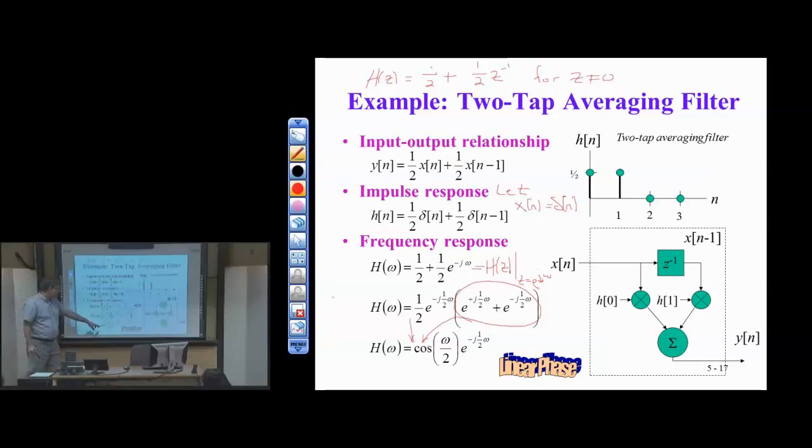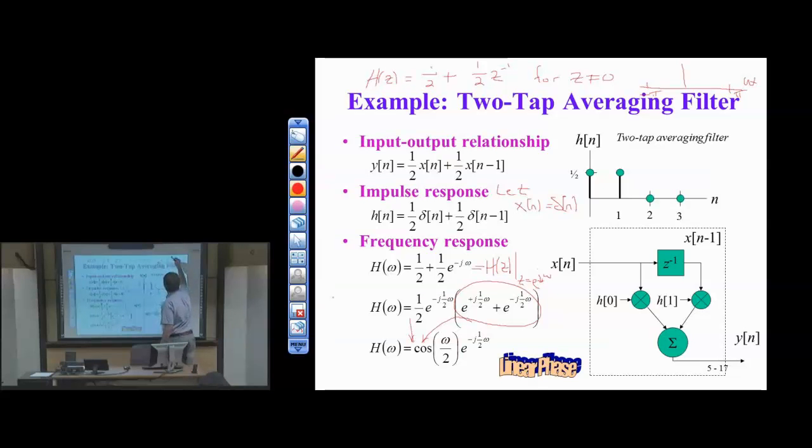The magnitude response looks like cosine omega over 2. So if we were to plot the magnitude response, cosine of omega over 2 when omega is 0 is 1. When omega is pi, cosine of omega over 2 gives me 0, and same with minus pi.